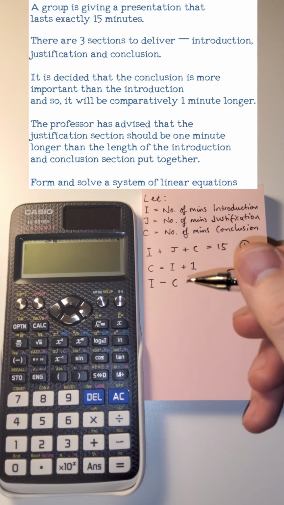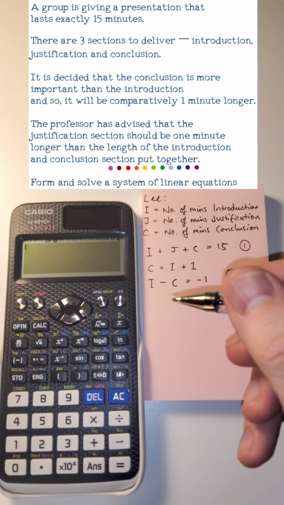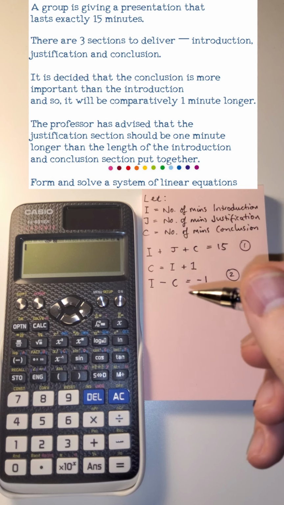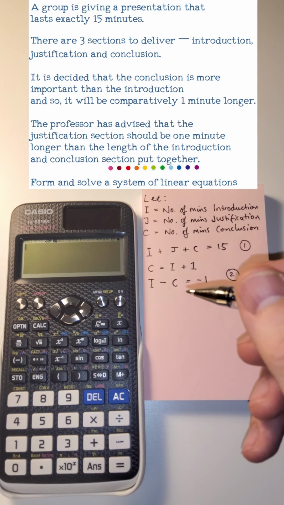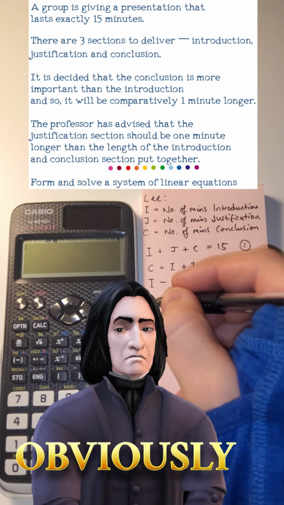Our third point, we could say it differently: lastly, if we add the introduction and the conclusion together, I plus C, and then we add a further minute, then this should be the length of the justification section. That's according to the professor's instructions.